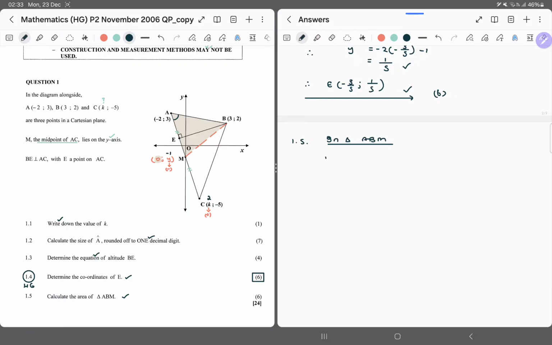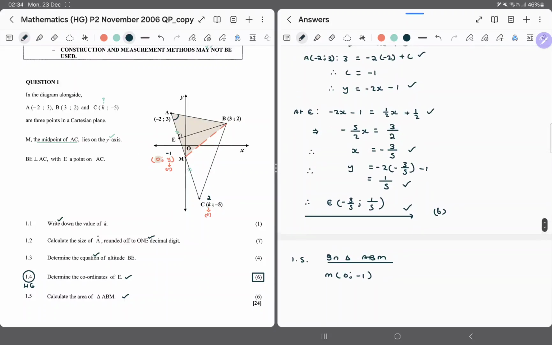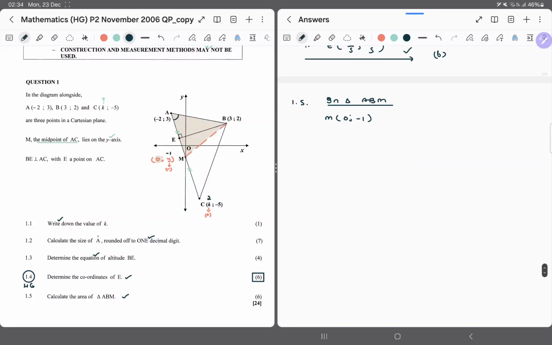We can just write the coordinates of M this time. This is 0 and minus 1. We got this minus 1 from the equation of AC. It's the y-intercept, so we don't need to explain it. And then, what are we going to say? Maybe we can even say this is the y-intercept of AC, just in case someone is nosy.